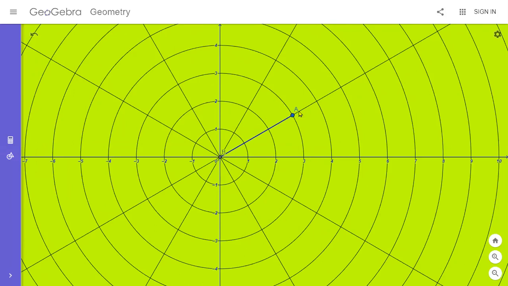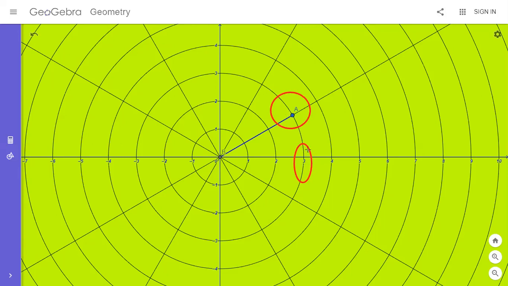Okay, let me annotate this point A. This point A is located on the circle of radius 3 units. Here this is the third circle of radius 3 units, and the point A is exactly on this circle.